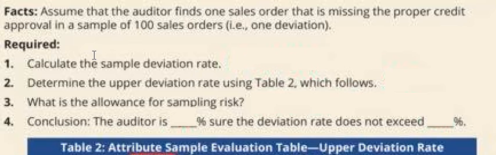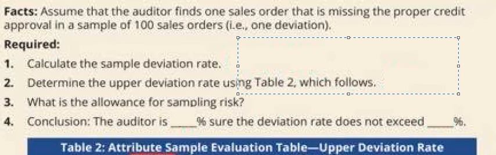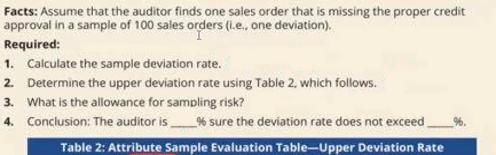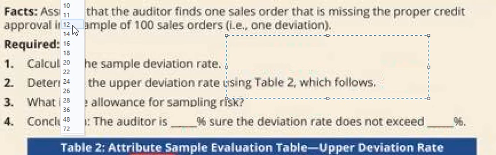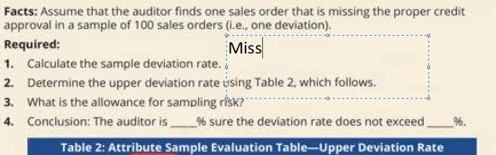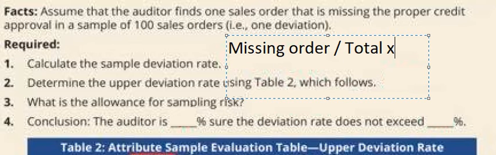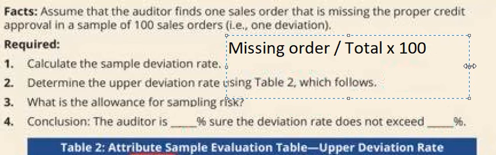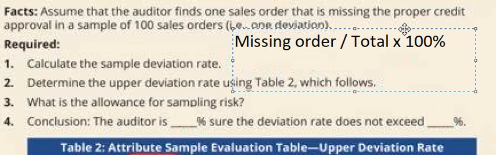So to calculate the sample deviation rate, we need to have the formula. That's the missing orders divided by the total, multiplied by 100%, and this is the formula of sample deviation rate.